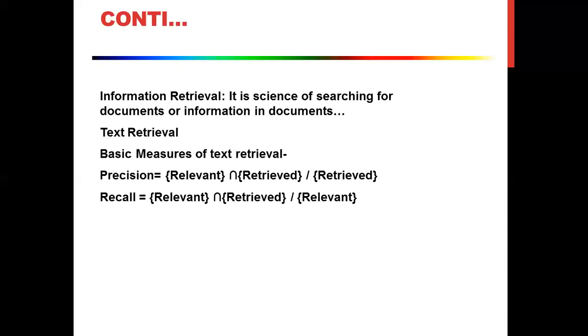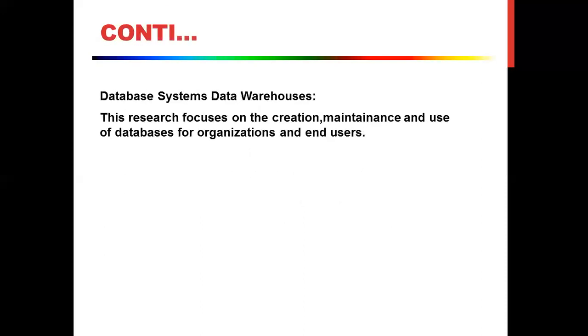This totally depends on text mining. So what are the two major parameters we check when extracting text from a huge text data set? There are two basic concepts, precision and recall. So what exactly are precision and recall? We'll see what exactly they are.